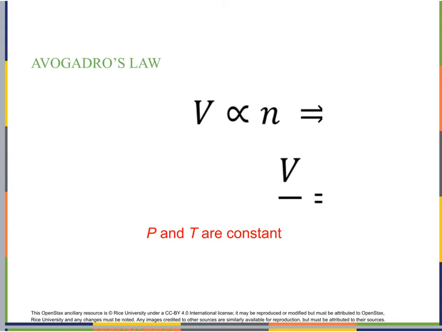We can look at Avogadro's law, and again, Avogadro's law is relating volume and the amount, and so it is, again, directly proportional, and so as volume changes, amount has to change, right? Volume increases, amount increases. Volume decreases, amount decreases.